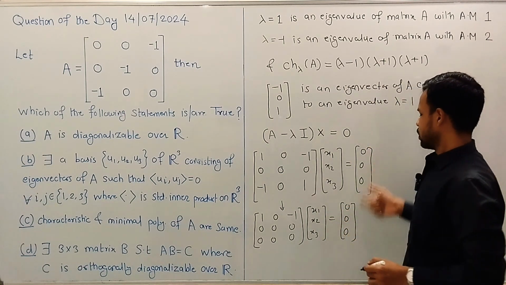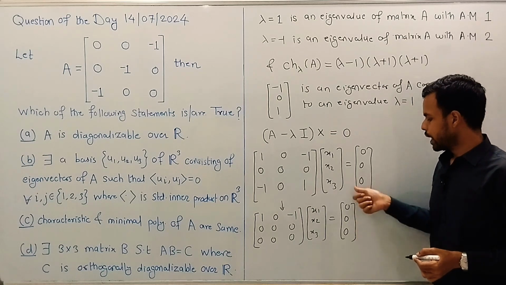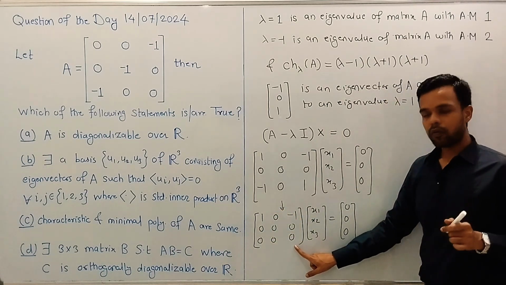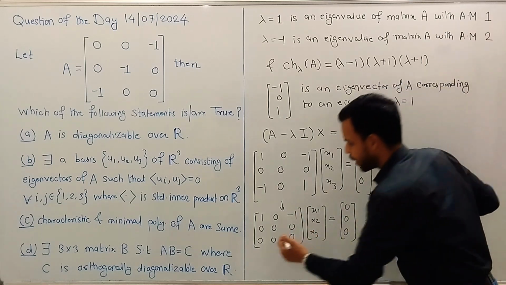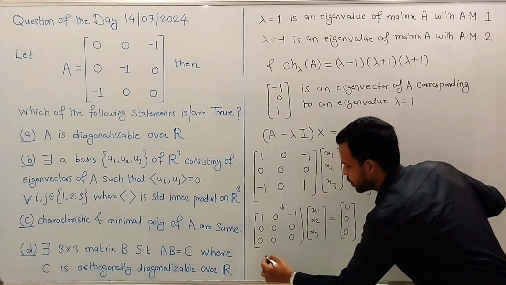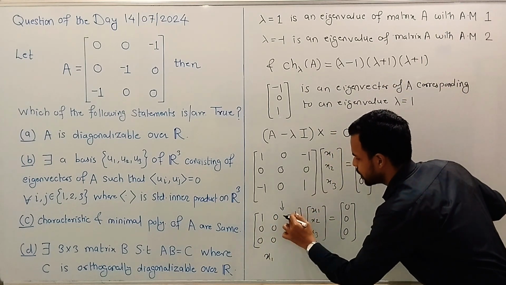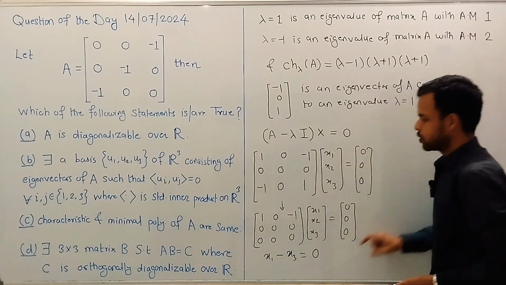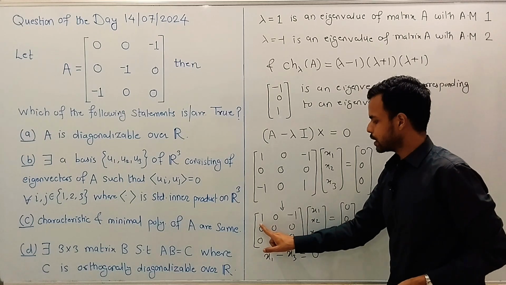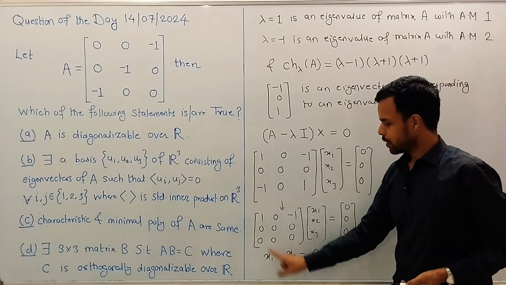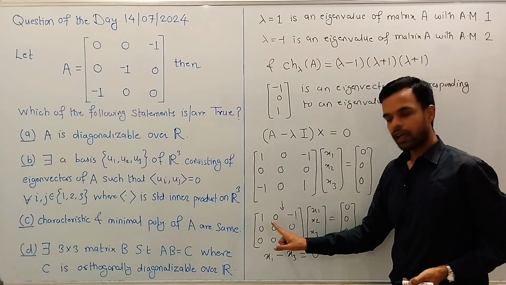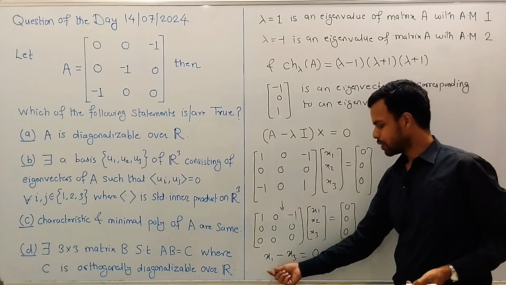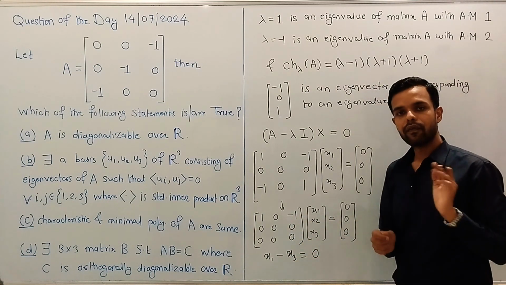And this 0 vector remains the same because all entries are 0. Clearly this matrix is in echelon form, so we can write the corresponding equation: x1 plus 0 times x2 minus x3, so x1 minus x3 equals 0. From here we see that x1 is a leading variable and x2 and x3 are free variables.